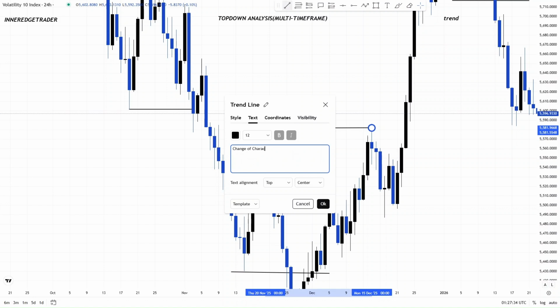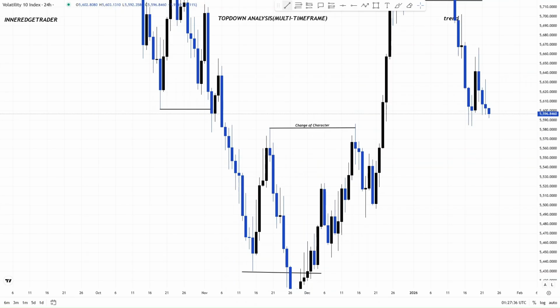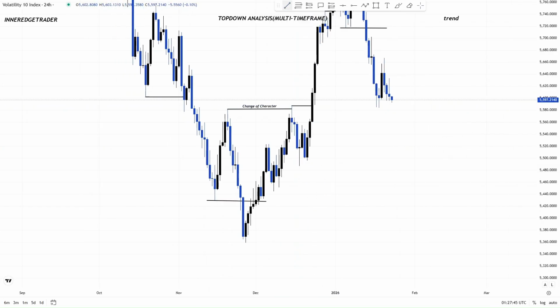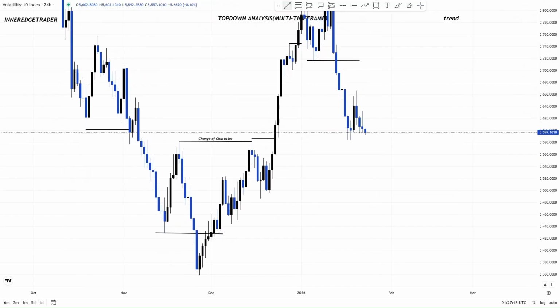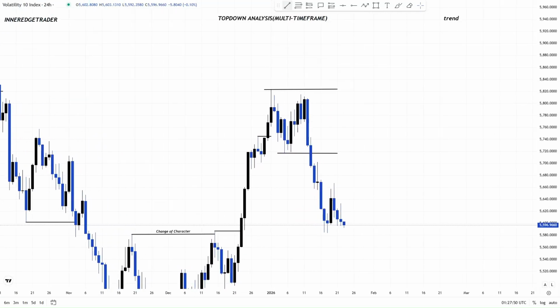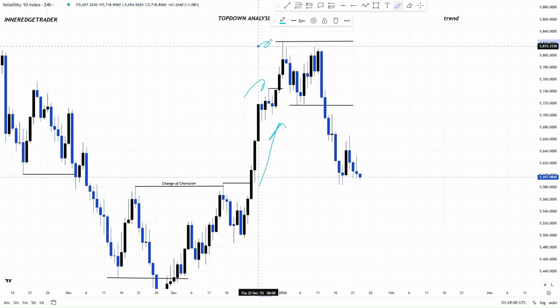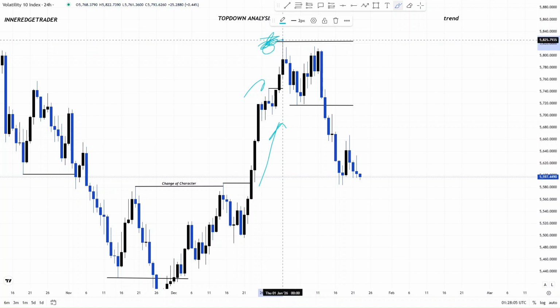Change of character tells you that the market is changing direction, and this is your break of structure, because the next break is going to be a break of structure. As you can see over here, so market keep on moving to the upside, creating breaks of structure. Remember, I told you this break is a failed break, so you can't really use it as a break of structure.